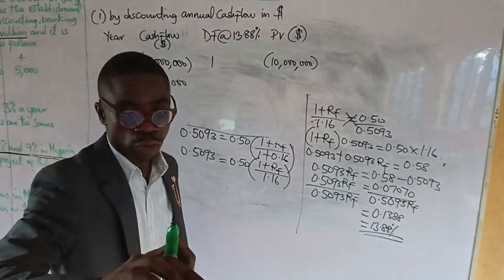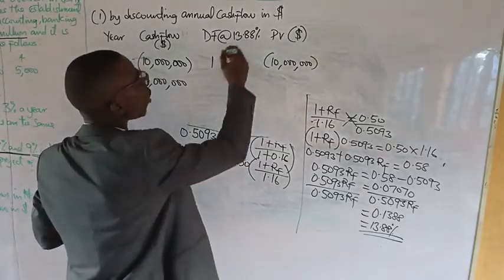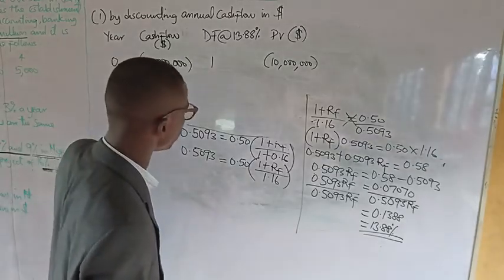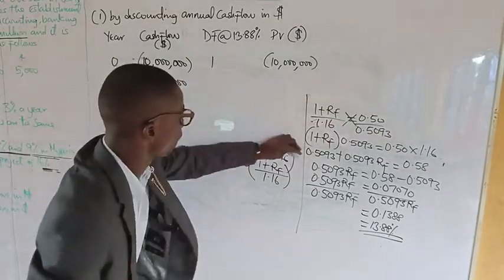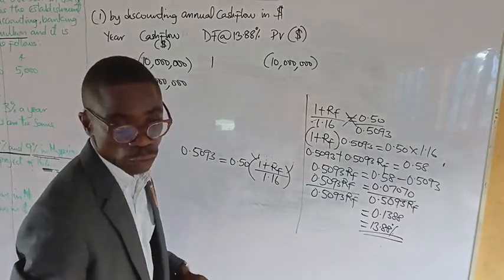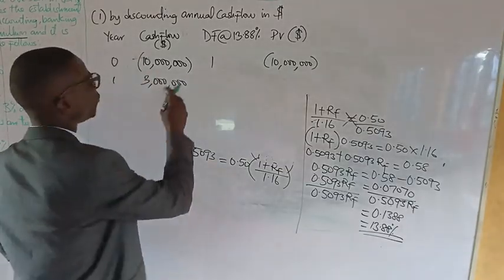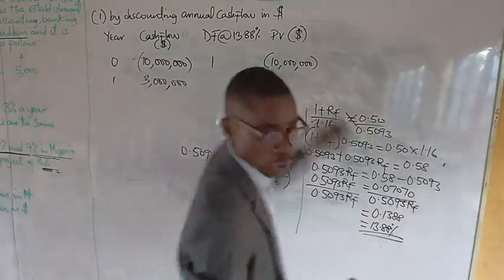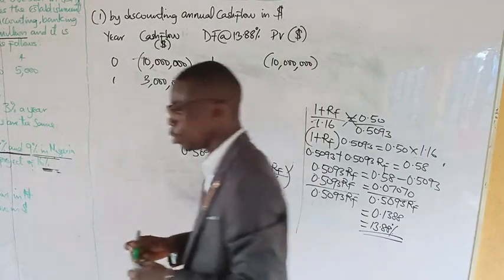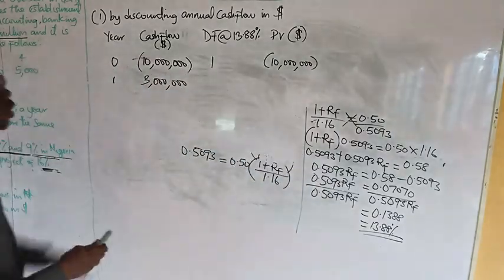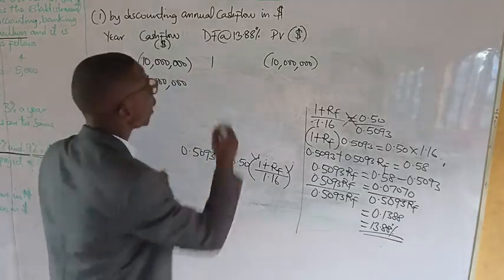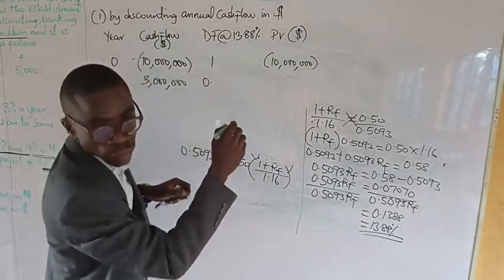Don't waste your time. Someone should call it directly from the material so that we can quickly run this through. The discounting factor at 13.88% is 0. What?